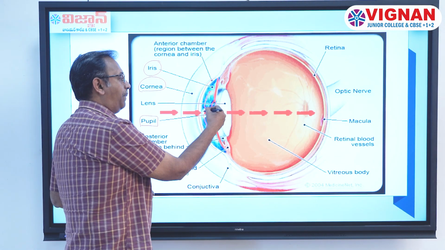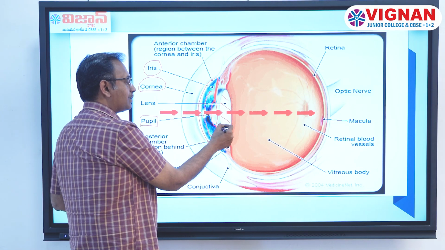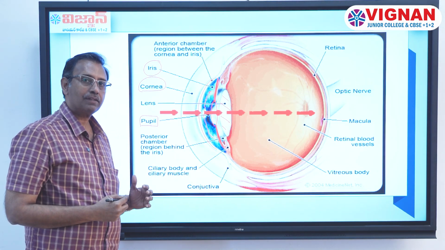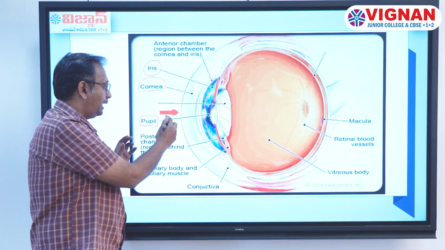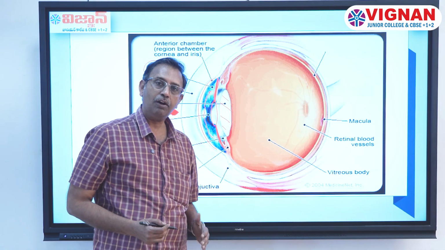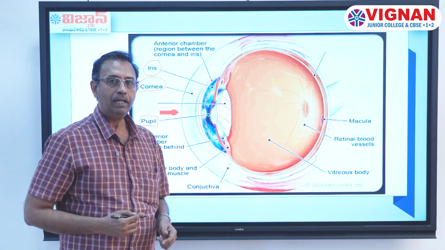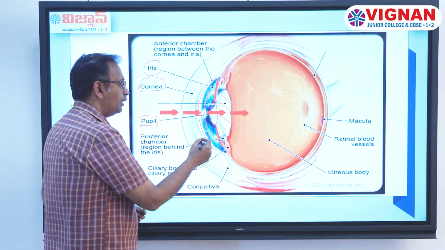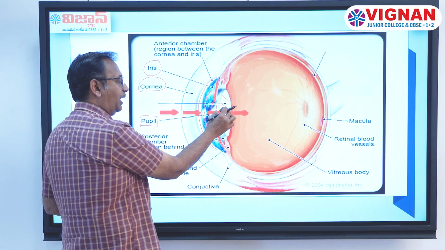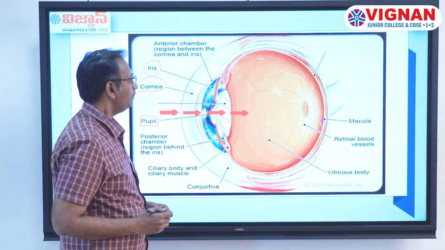Then at the back of this pupil is the crystalline lens, which helps to capture the light falling on the eye for the next processing, until we see it in the form of an image. This crystalline lens is hard, bulged at the middle, and soft at the edges.